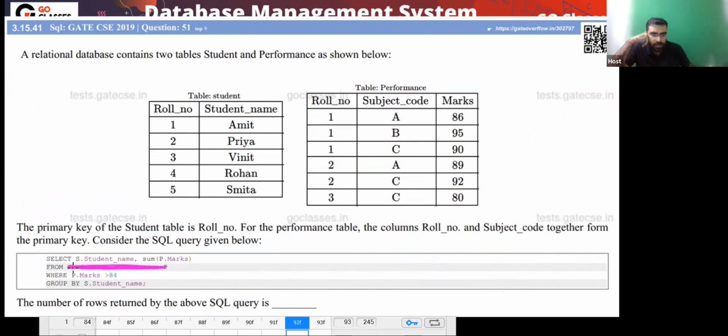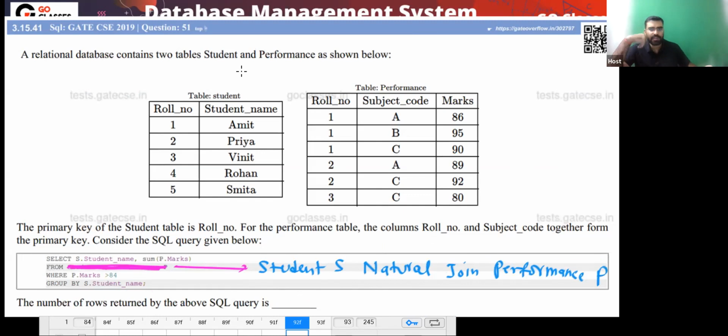So in the from clause, this keyword you can put in SQL: student natural join performance P. This is a keyword in SQL, and if I put it, this is exactly the same as relational algebra.